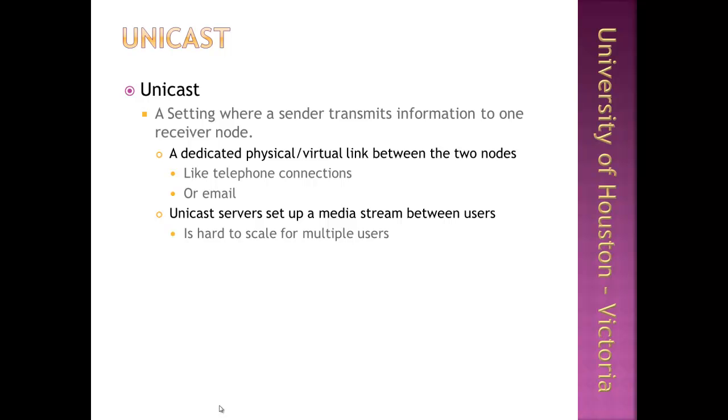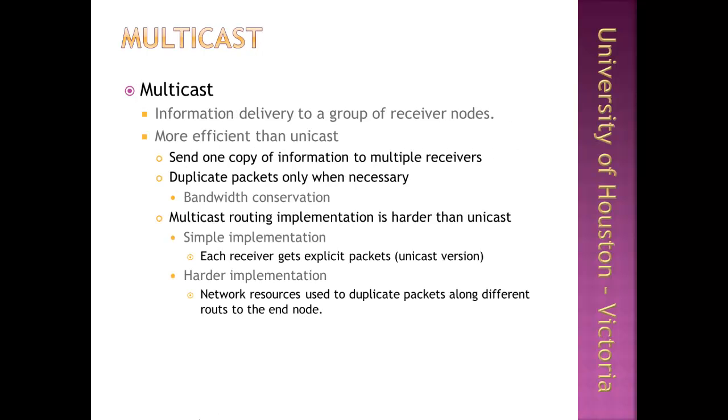This can be achieved by setting up a dedicated link between a sender and a receiver, for example in circuit switching telephony, or in connectionless links such as sending an email to a specific receiver. Unicast servers work by providing a media stream to each user, an architecture that is hard to scale for many simultaneous users.